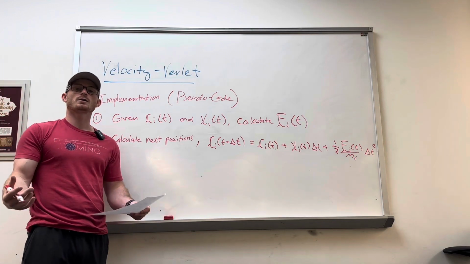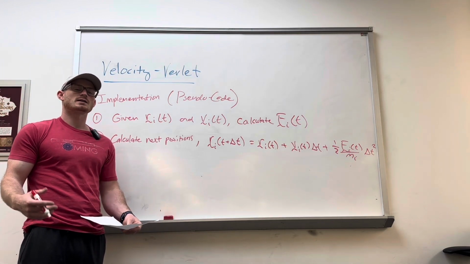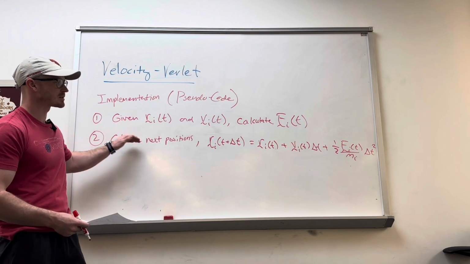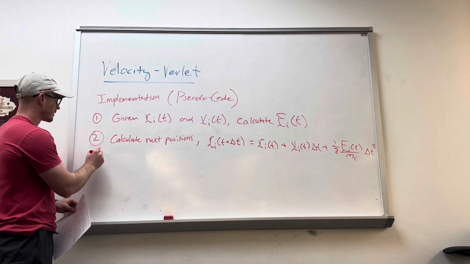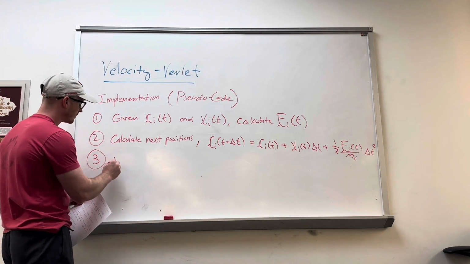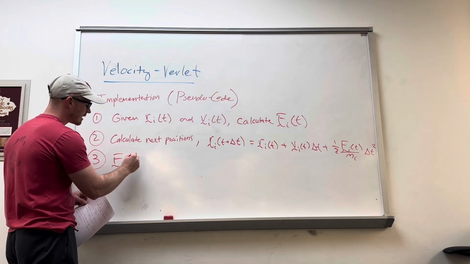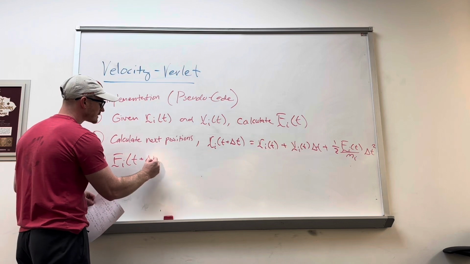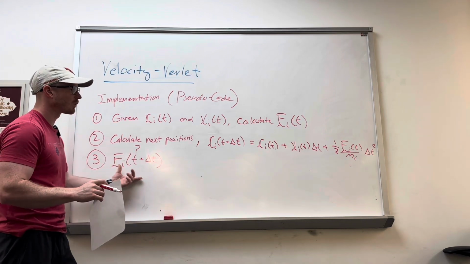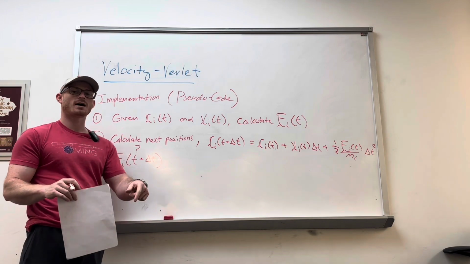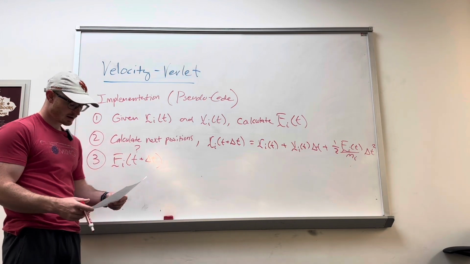Now in the Euler algorithm, we could just directly calculate the next velocities since these two steps contained all the information we needed. But in the Velocity-Verlet algorithm, there's a tricky term in that equation, namely the Fi of t plus delta t. How do we calculate the force before we calculate the velocities?